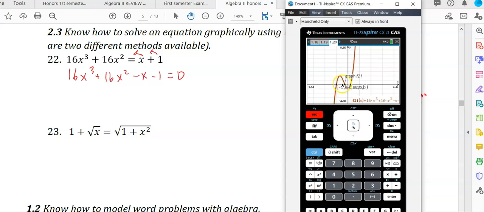So those are my three solutions at negative 1, positive 0.25, and negative 0.25. So our solutions are x equals negative 1, x equals 0.25, or 1/4, or negative 0.25.